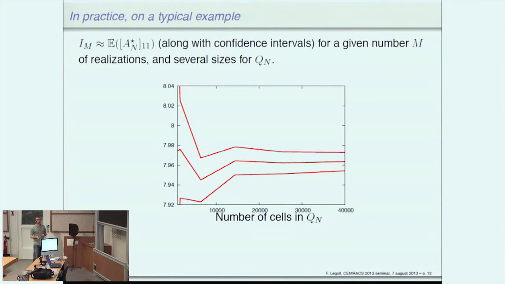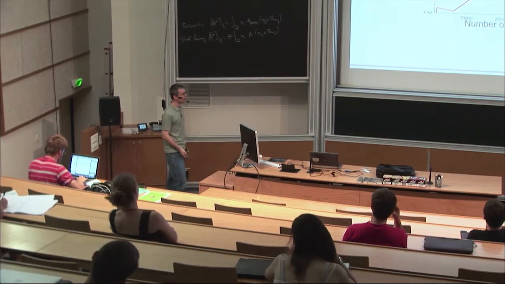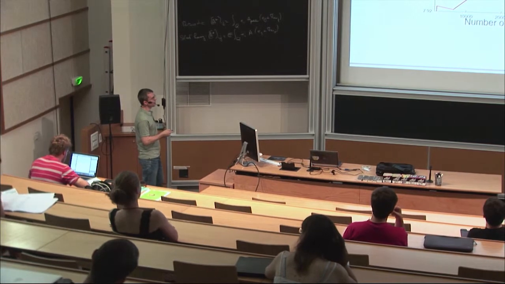So if you do that, here is what you find. As you increase the size of the supercell Qn, you have here the empirical estimator, the central red line, and the confidence interval. Okay, so everything on the far right will go to A star. All these three curves will converge to a single point, which is the homogenized matrix.